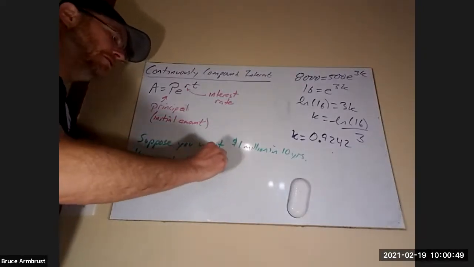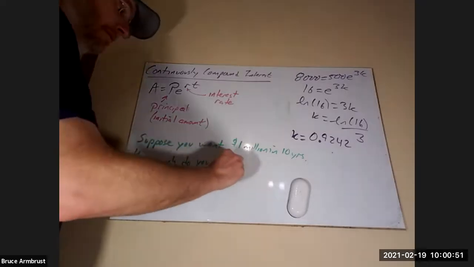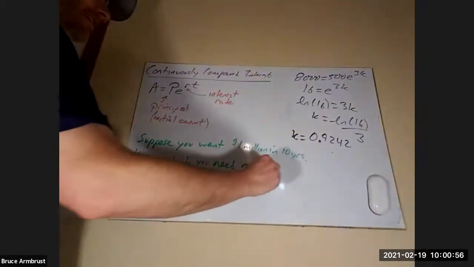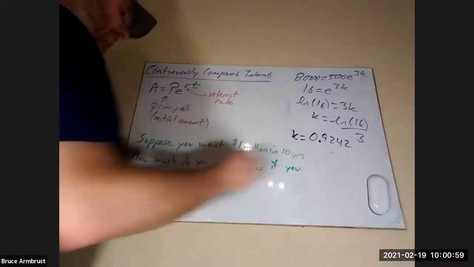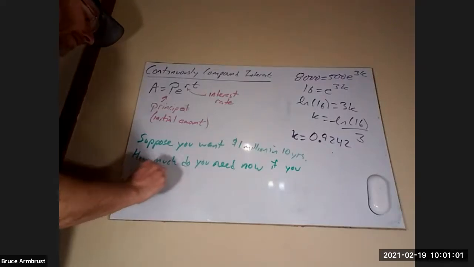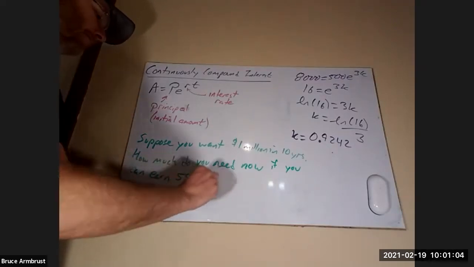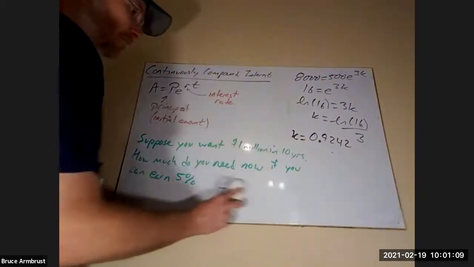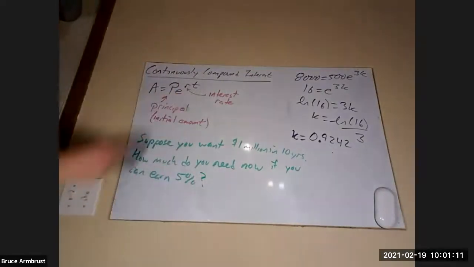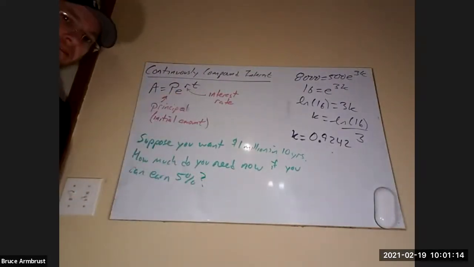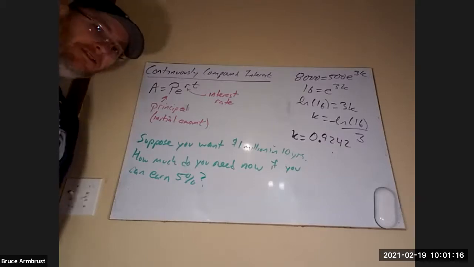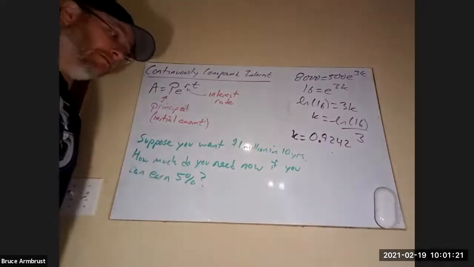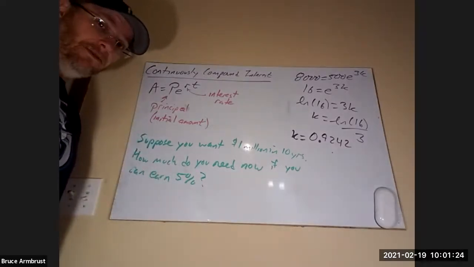How much do you need to invest now to get that if you can earn 5%? Okay, and we're going to assume that this is continuously compounded 5%. So let's just see what that number is. Let's see how much we'd have to put away right now so that in 10 years we'd have $1 million.